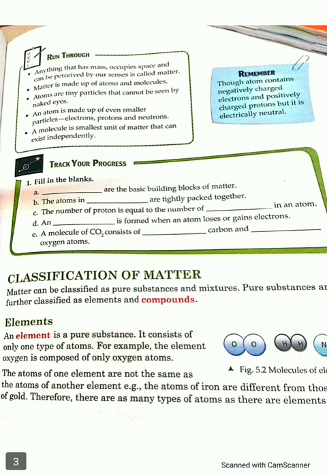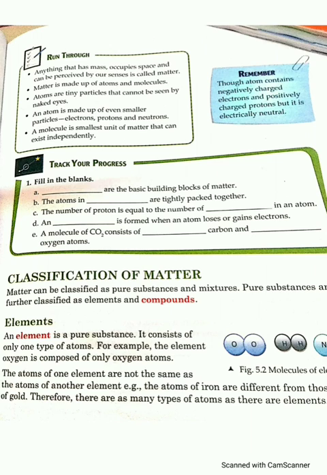So let us now test your progress. Dash are the basic building blocks of matter. Atoms are the basic building blocks of matter. The atoms in dash are tightly packed together. In solids, they are tightly packed together. The number of protons is equal to the number of electrons in an atom.